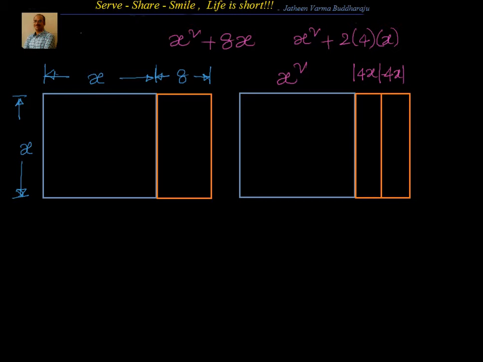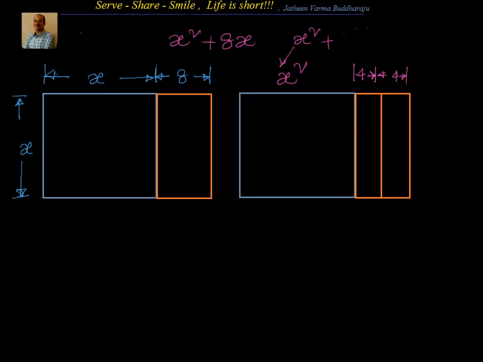Actually it's a 4 and 4 because we already have x there, so that this is 4, dividing 8 into 2 equal parts, 4 and 4, and we have x here. So this is nothing but x square plus 1 4x plus another 4x, or can I write it as x square plus 4x plus 4x, so that you are clear.